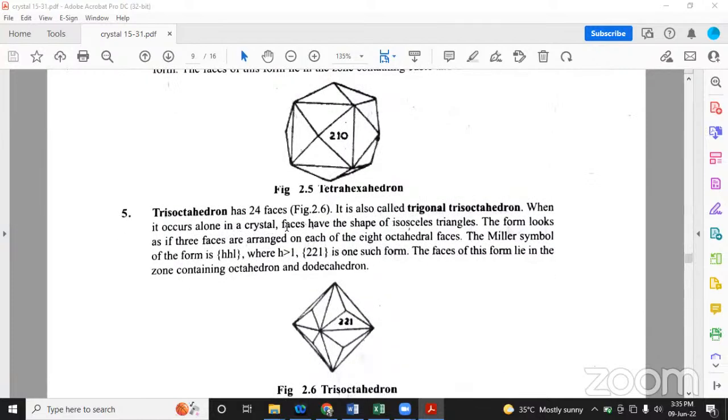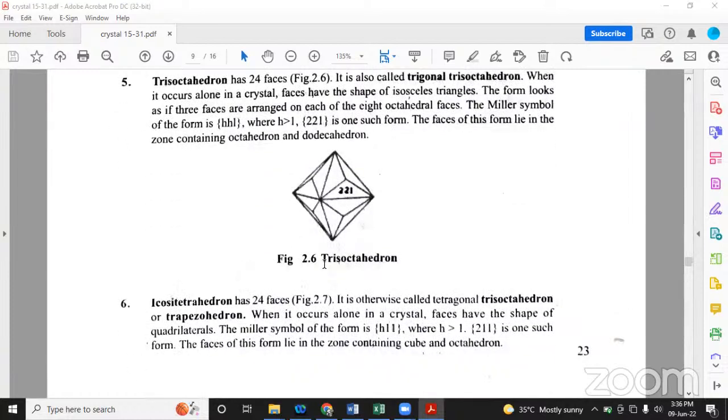It occurs along crystal faces and has the shape of isosceles triangles. It is like this, with so many triangles. Its Miller symbol is 2, 2, 1. The faces of this form lie in the zone containing octahedron and dodecahedron.